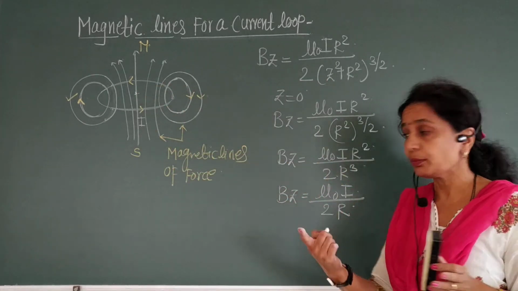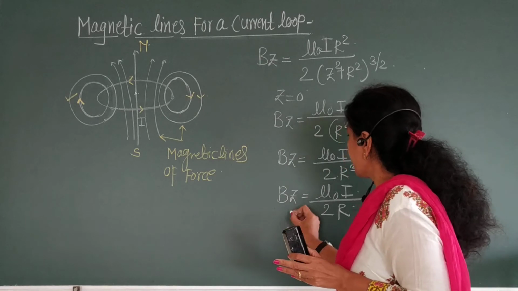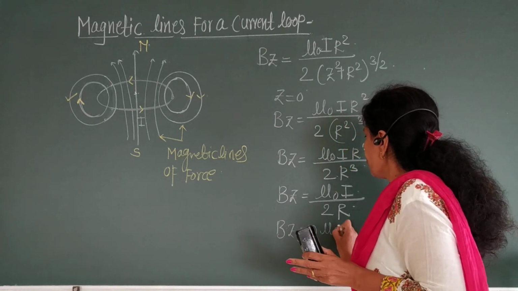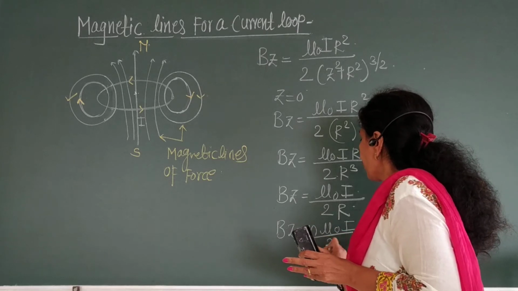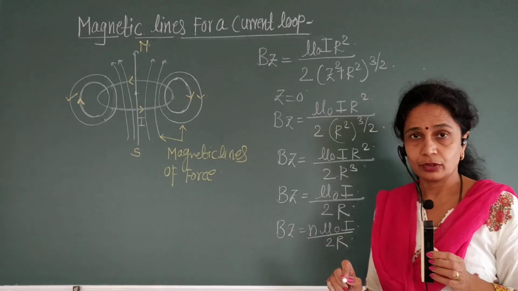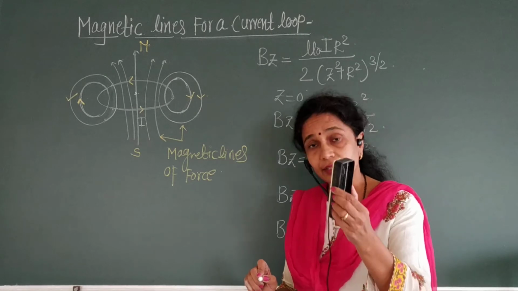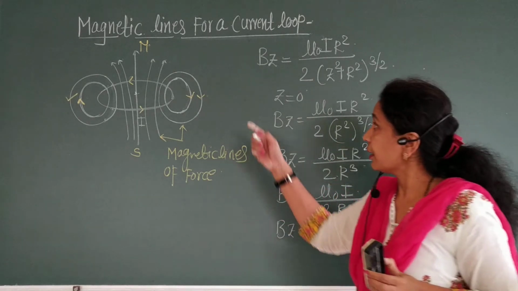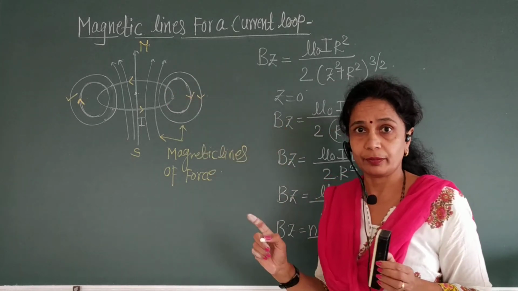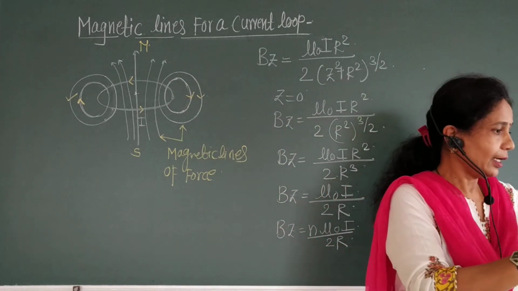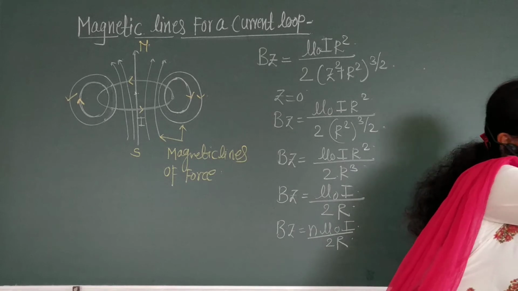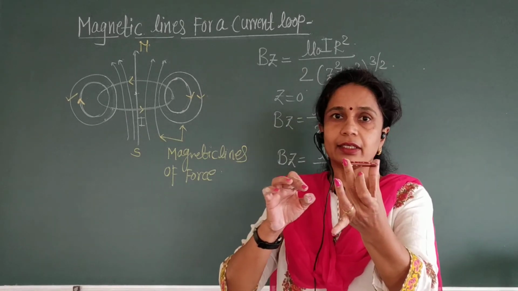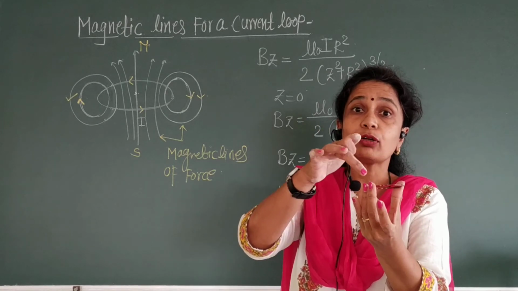If the coil has n number of turns, then this equation becomes Bz is equal to n mu 0 I upon twice r. The direction of the magnetic field is given by the right hand thumb rule. Suppose this is a circular coil carrying current I in the anti-clockwise sense.